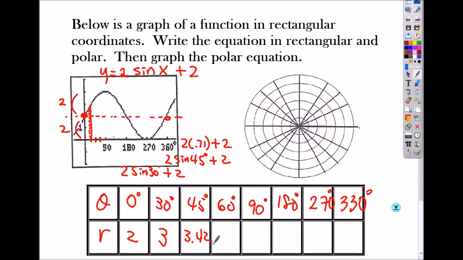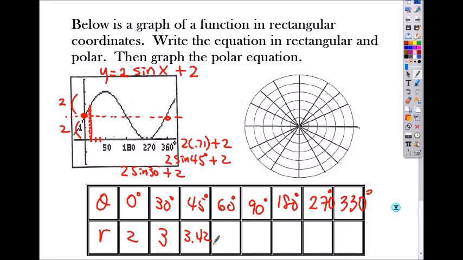Yes? Yeah. So root 2 plus 2. You're right. Yes. But root 2, yeah, if you know what root 2 is, yes.